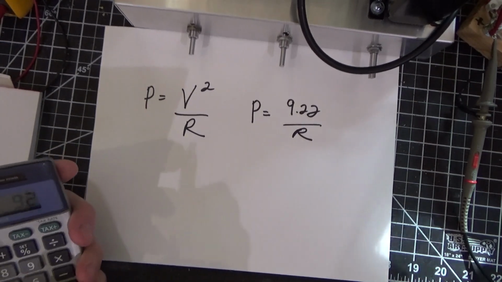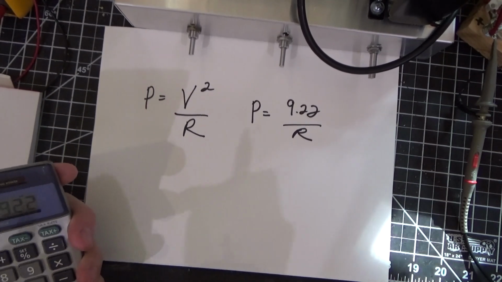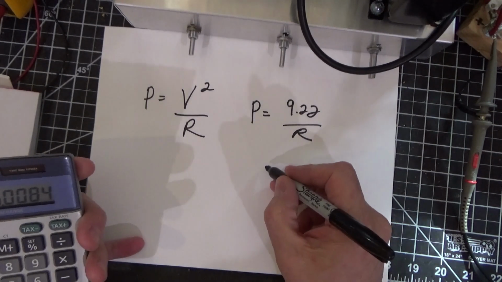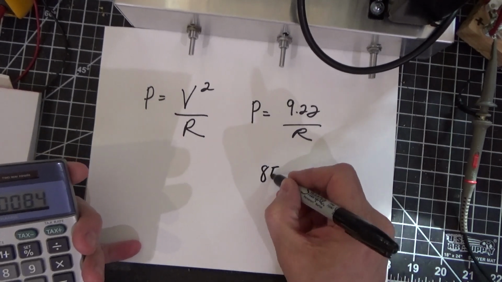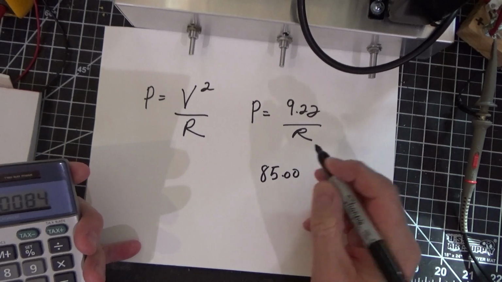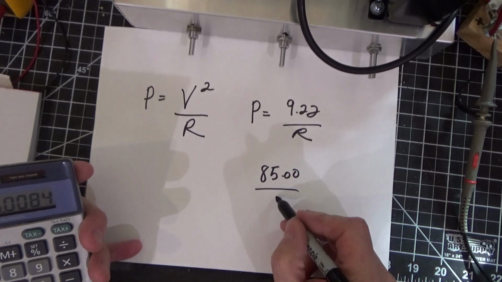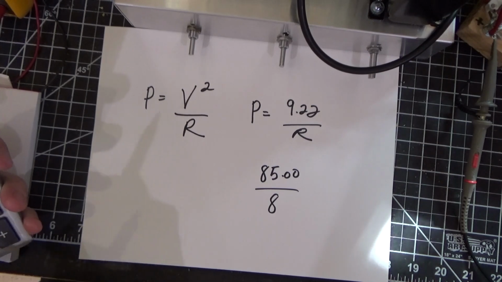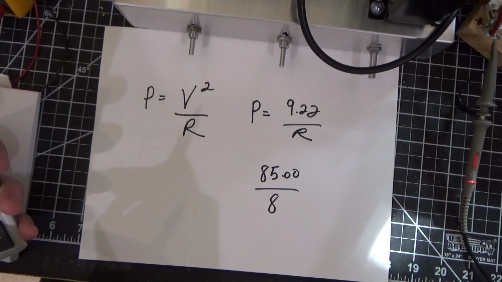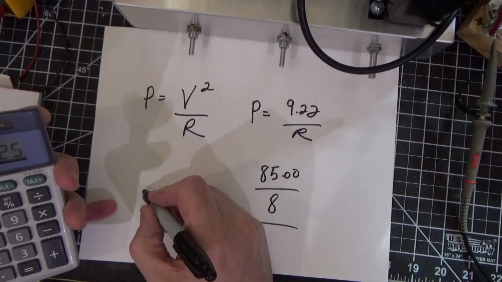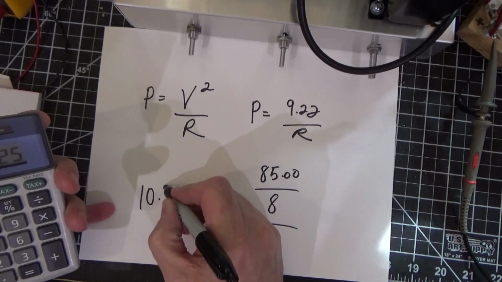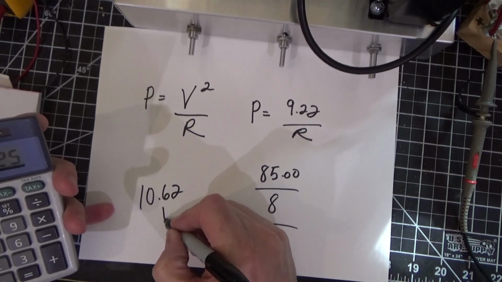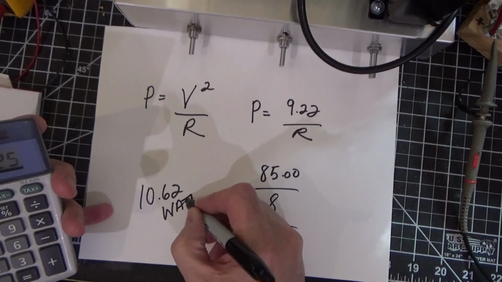So 9.22 times 9.22 is going to be 85.0, over 8 ohm speaker. Okay? So we're going to divide. 85.00 divided by 8 is going to give us an effective RMS of 10.62 watts RMS.